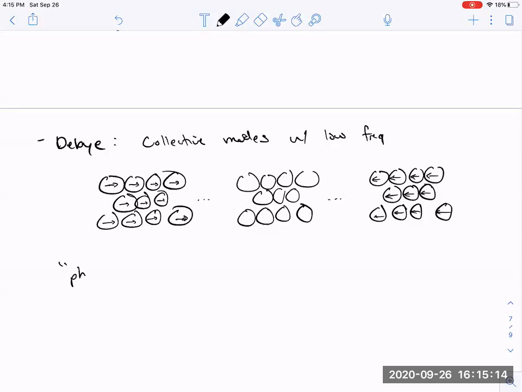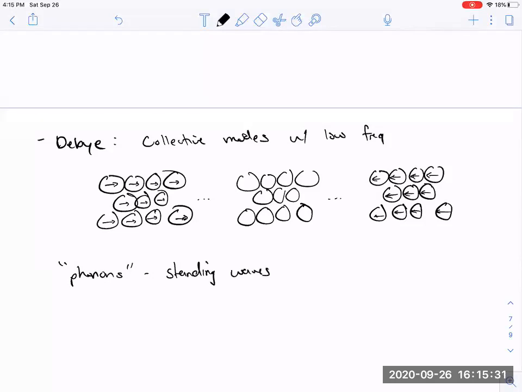Indeed, he was really the first to think about phonons as these standing waves associated with these so-called acoustic modes. Acoustic just meaning that all of them are going in the same direction.